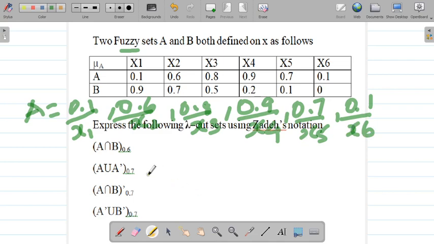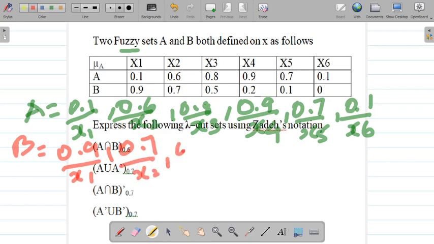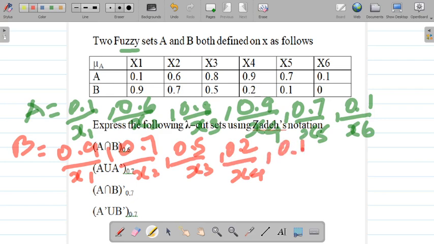Then we are going to write the fuzzy set B as 0.9 by x1, 0.7 by x2, 0.5 by x3, 0.2 by x4, 0.1 by x5, 0 by x6.